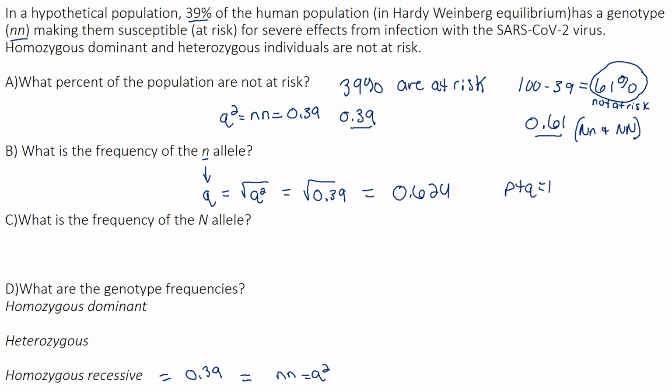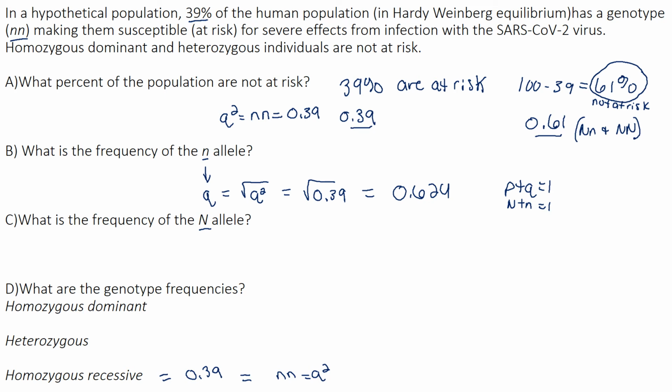Now we can find p. Remember, p plus q equals 1. These are the sum of the frequencies of the alleles in that population. So if we know that q is little n, what we want to do is find big N, and the sum should total 1.